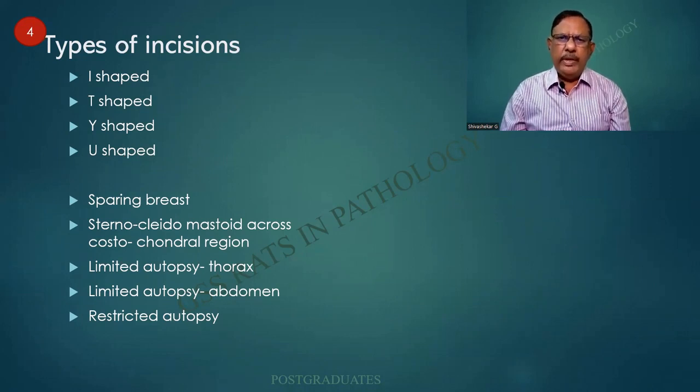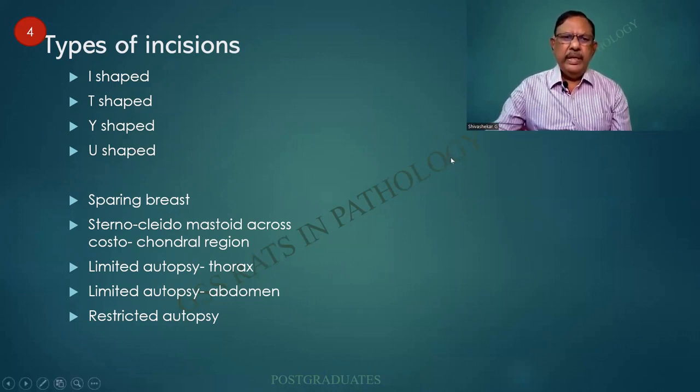Name whatever alphabet you have got, you will be having an incision along with it. There can be an I-shaped incision, a T-shaped incision, a Y-shaped incision, a U-shaped incision. What are all these? We shall be seeing. Apart from that, there can be a sparing breast incision, or there can be an incision from the sternocleidomastoid along the costochondral region.